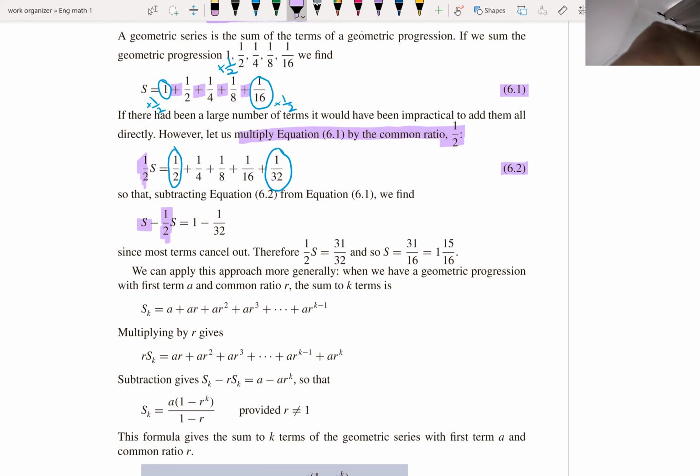When we subtract, this one cancels because it's the same. Cancel. So what is left is 1 and 1/32. So that is how we get 1 minus 1/32, sorry.